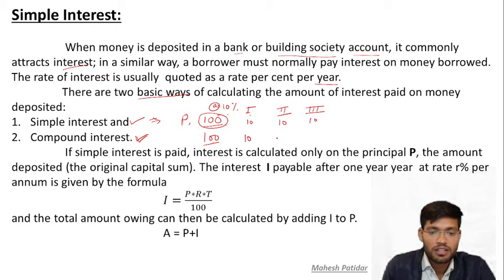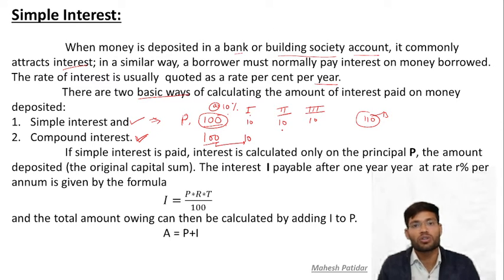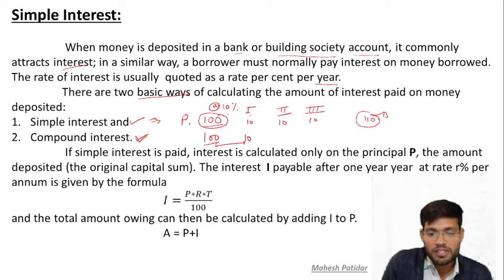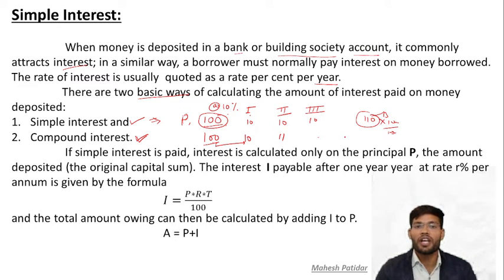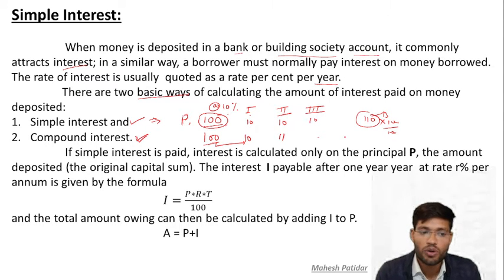For the second year it will become 110, so we have to calculate the interest on 110 rupees. 10% of this will give 11 rupees, and later on it will continue. So when we pay interest on interest, it is compound interest. Otherwise, when we pay interest only on the basic amount, it is known as simple interest. Is it clear?